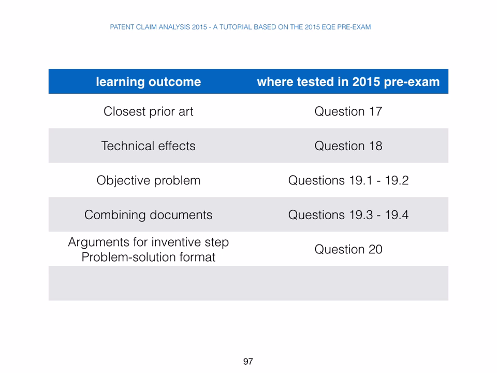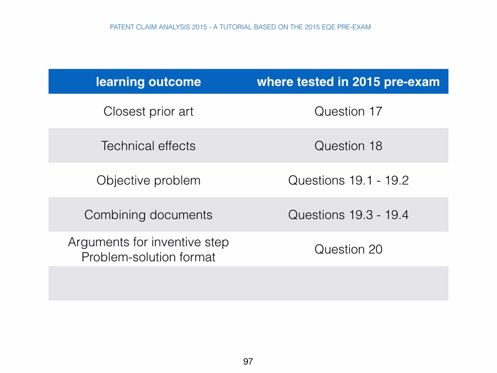Closest prior art comes in question 17. You have to cultivate using factual arguments for justifying the choice of closest prior art and not use stock phrases. Technical effects come in question 18.